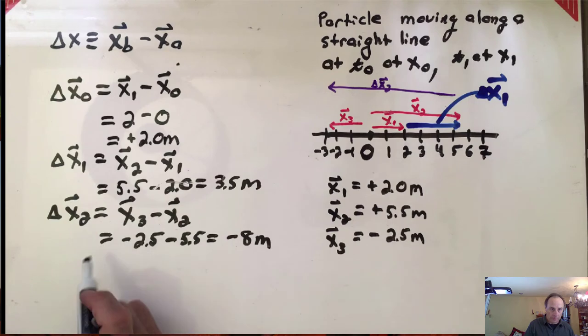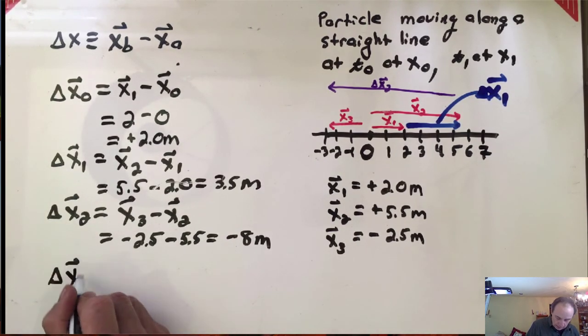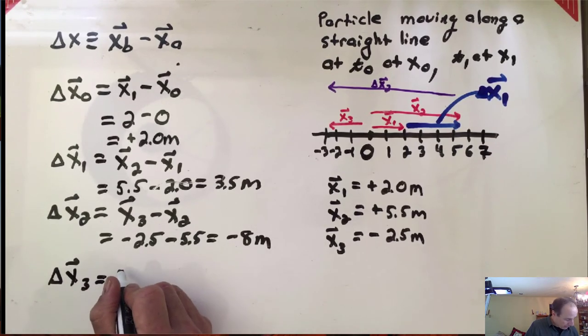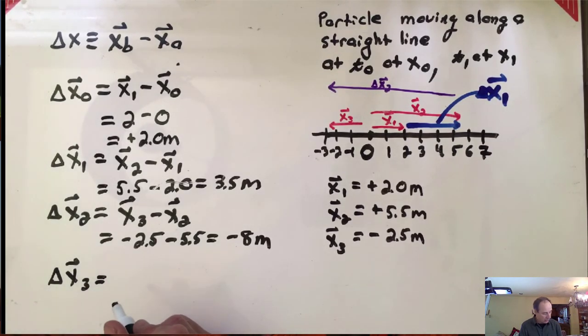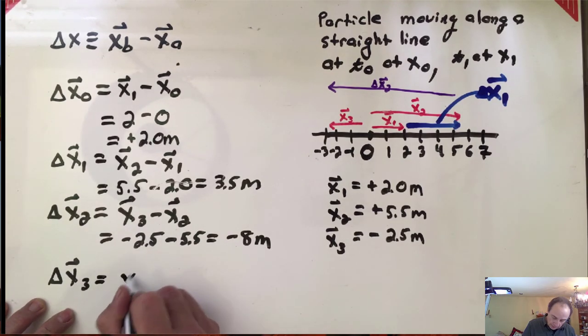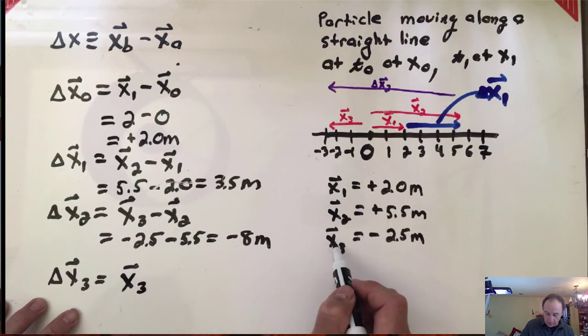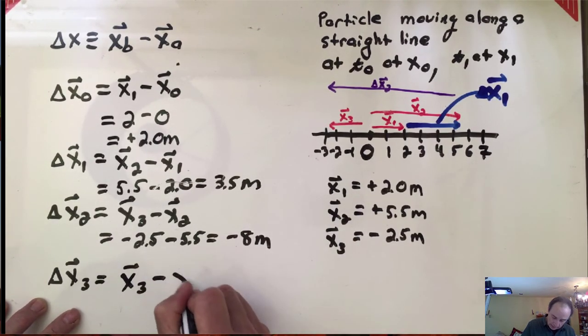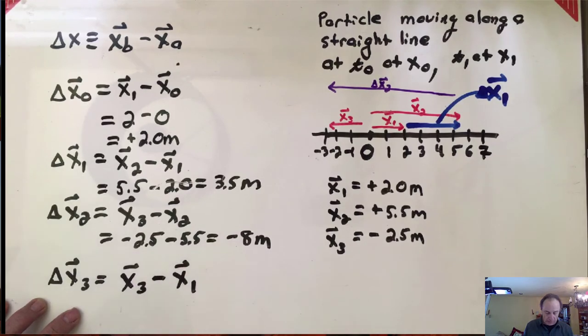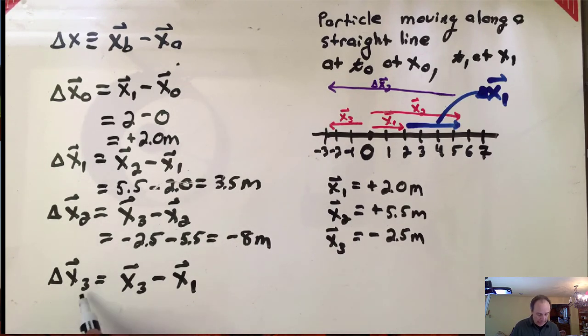All right, and now lastly, delta x3, I'm going to define as this one, x3 minus x1. You can do any ones you want. If you had 4 or 5 of them here, you can have changes in displacement between any of them, and you can subscript them anything you want.